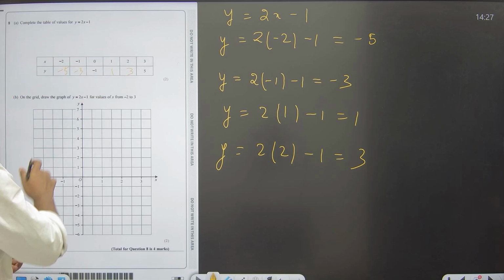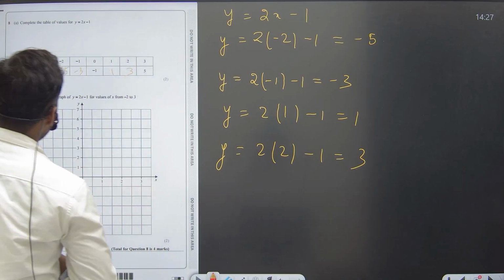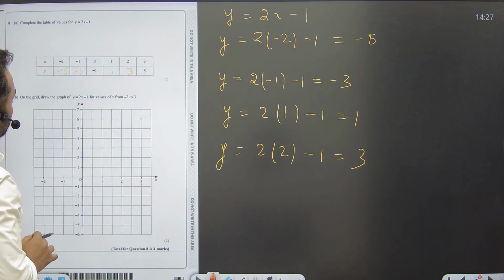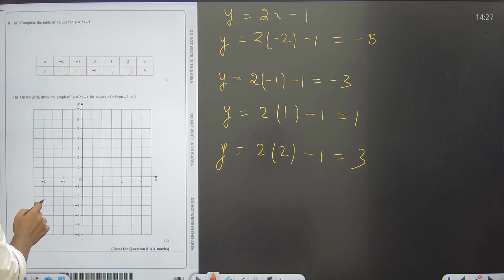Okay, just plot these points. For the first point it is minus 2, minus 5, somewhere here, this part.